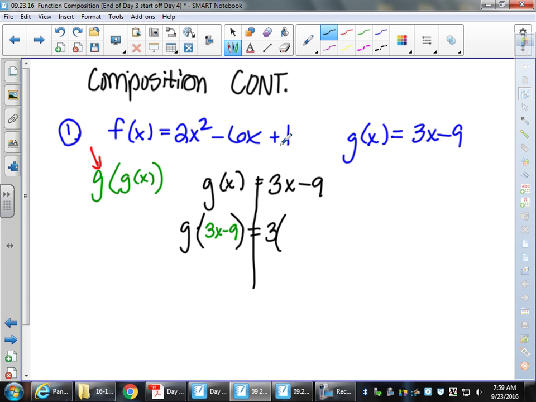This is an expression just like this is an expression. So mathematically, there's nothing that prevents us from plugging an expression into a function, even if it's itself. So this becomes 3 times, and you can finish this.